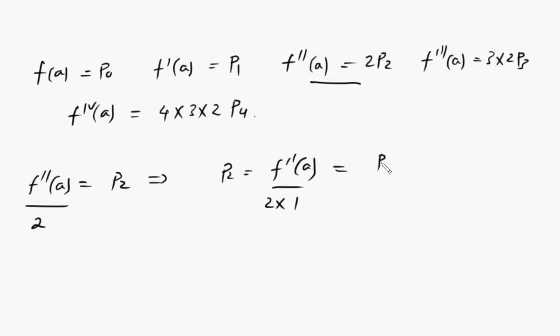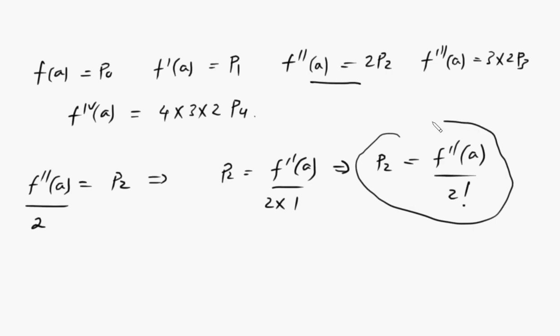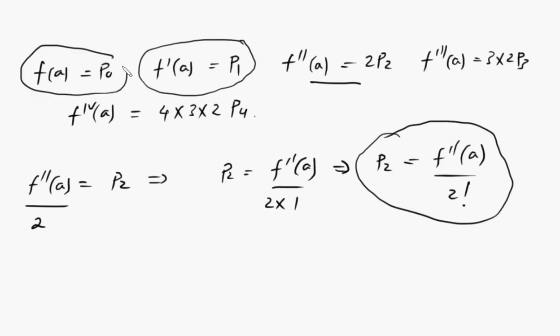So hii sasa na mtu aseme p2 ni sawa na second derivative of fa over 2 factorial. You see this one? So this is p2. Okay, this one is p1. P1 haina kusolve, ni f dash a, and this one is p0. Okay, so from here I can get p3. You see that it's gonna be huku chini iwe ni 3 times 2 sasa na p3.